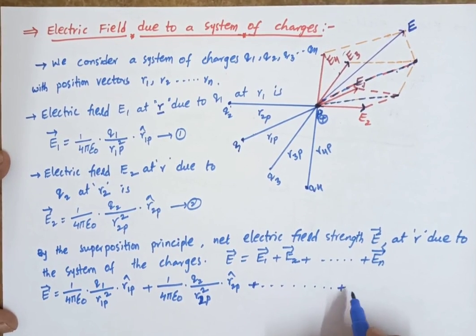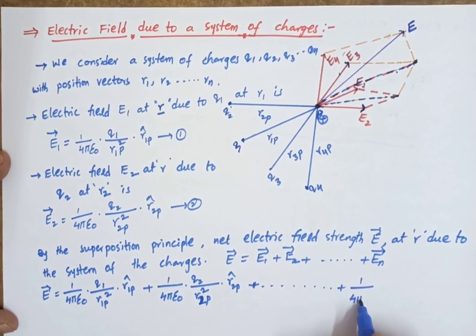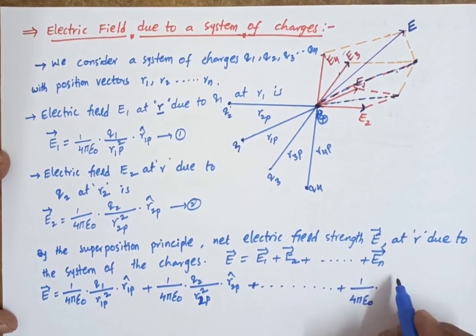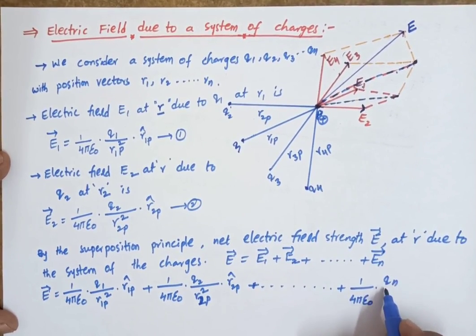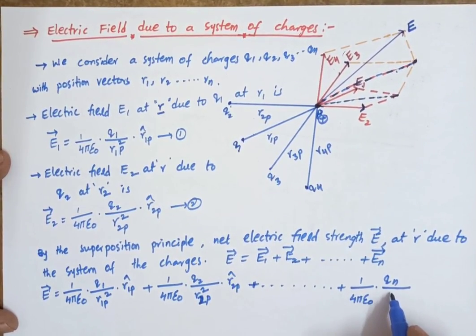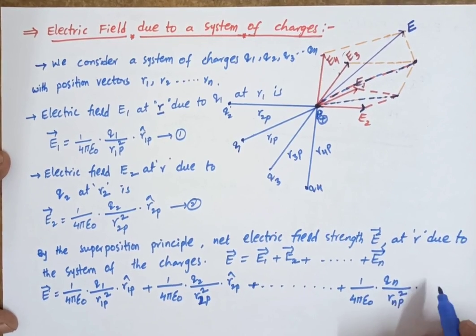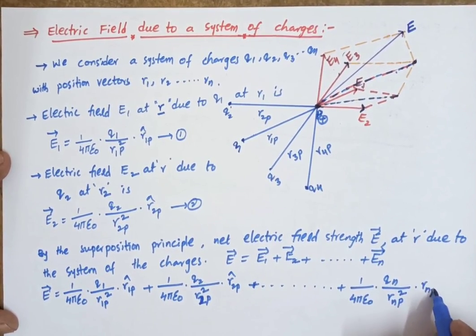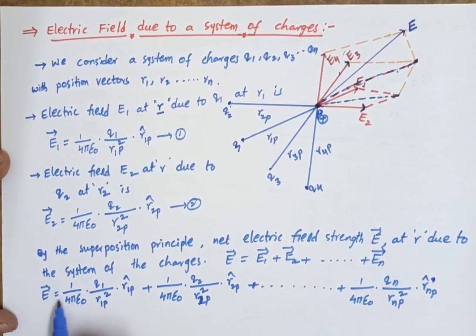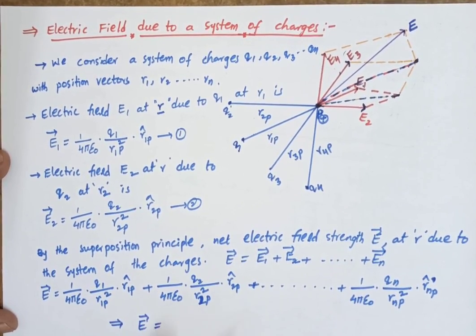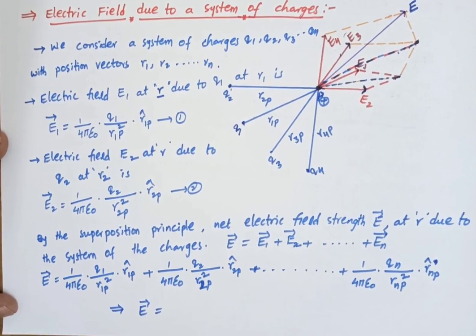So plus 1 by 4 pi epsilon naught into Qn divided by RnP square into RnP cap. Okay, so generally we can write this equation, the total net electric field strength.